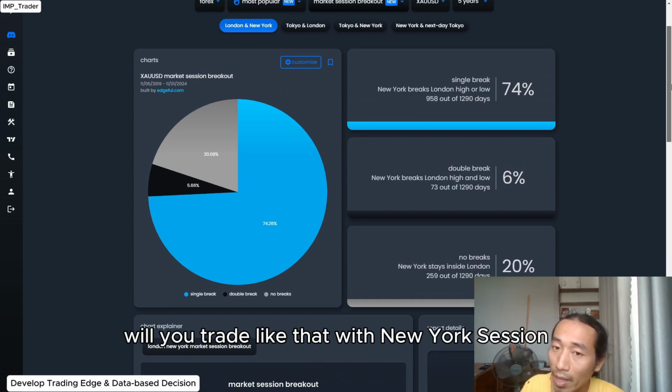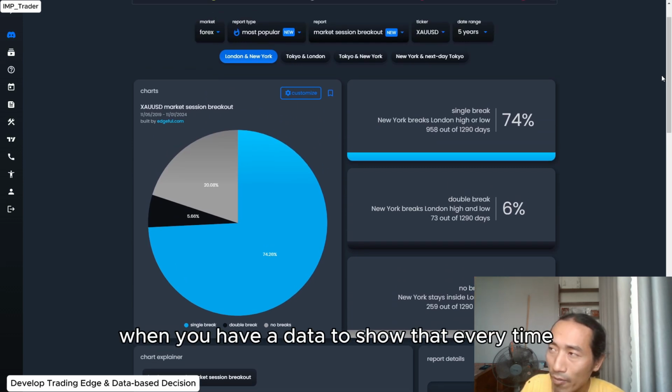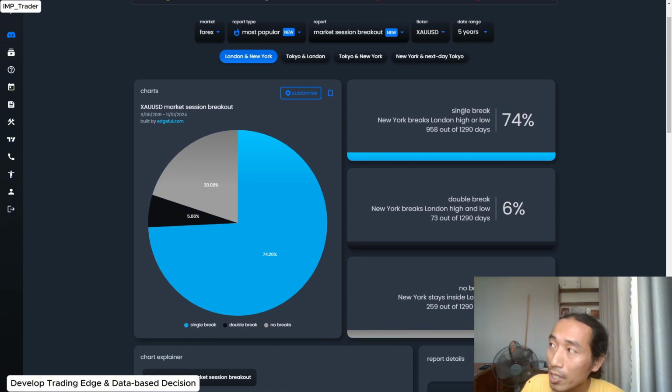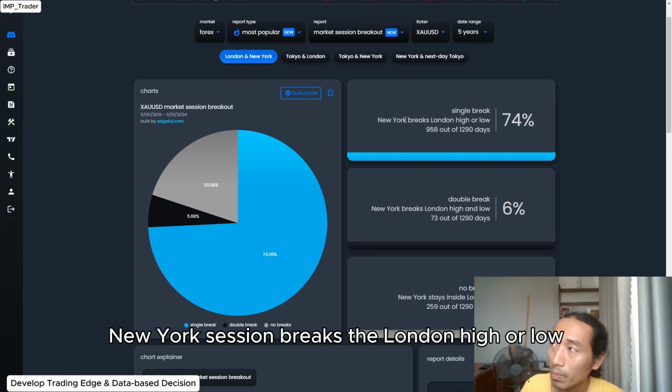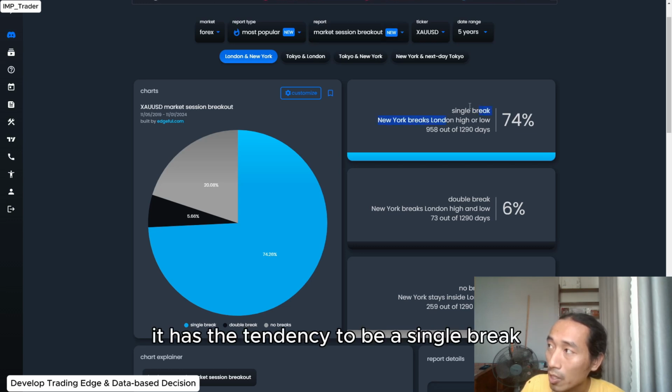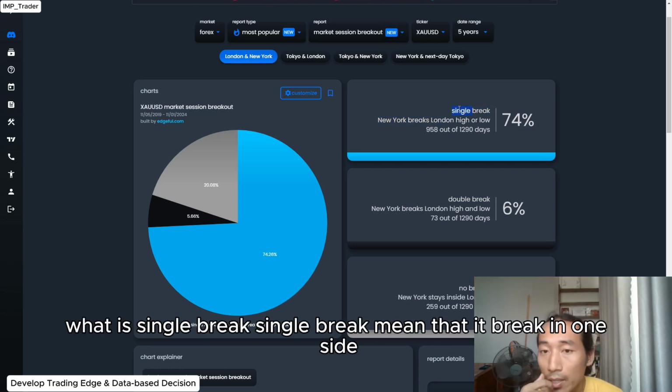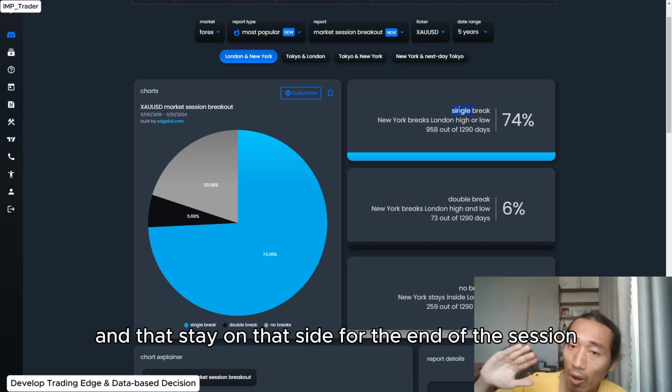Will you trade like that in the New York session when you have data to show that every time the New York session breaks the London high or low, it has a tendency to be a single break? What is a single break? Single break means that it breaks on one side and then stays on that side until the end of the session.